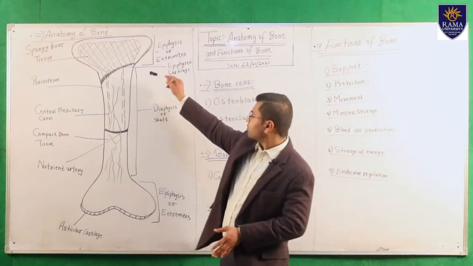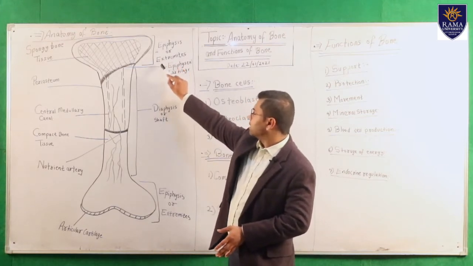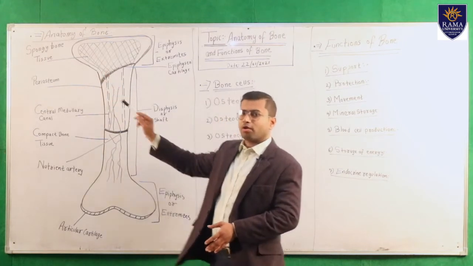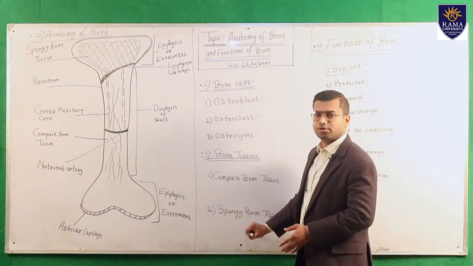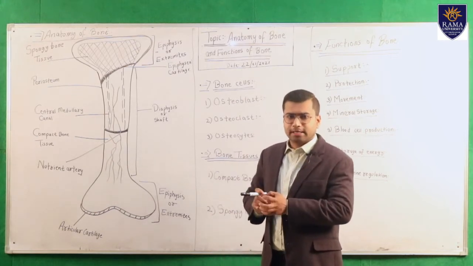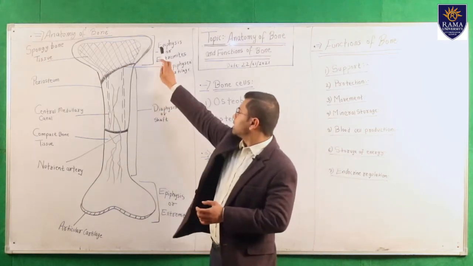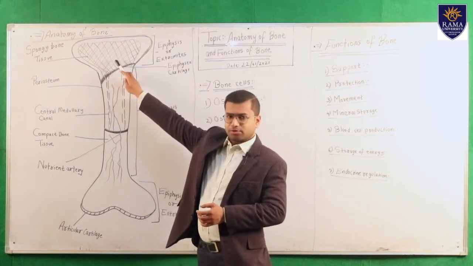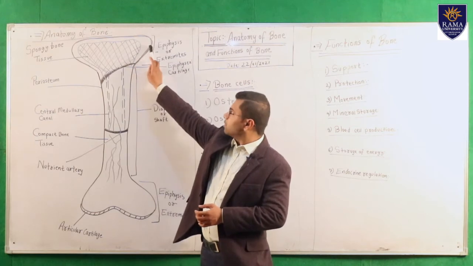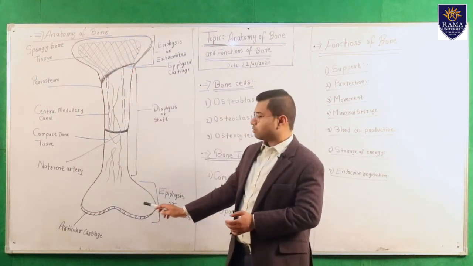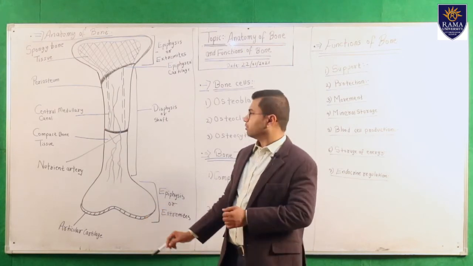Next, the epiphysis consists of spongy bone tissue. We have already discussed spongy bone tissue. It is spongy and lighter in nature. So the epiphysis or extremities consist of spongy bone tissue: the upper extremity and the lower extremity both consist of spongy bone tissue.